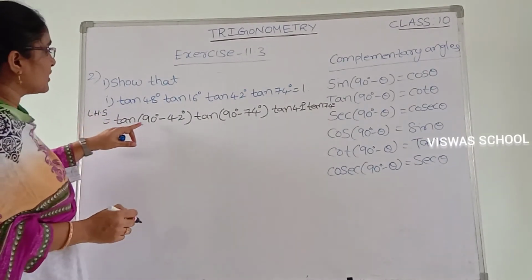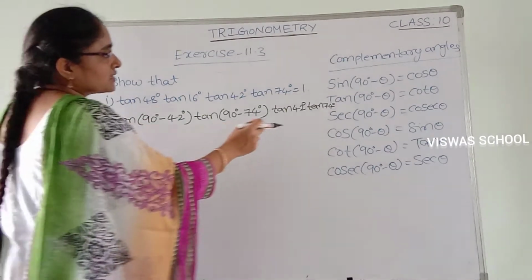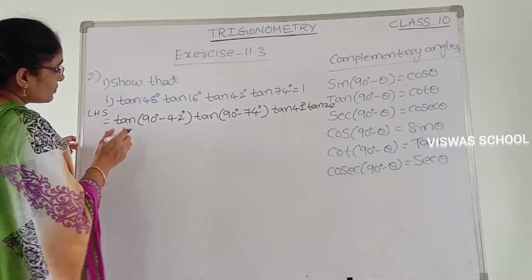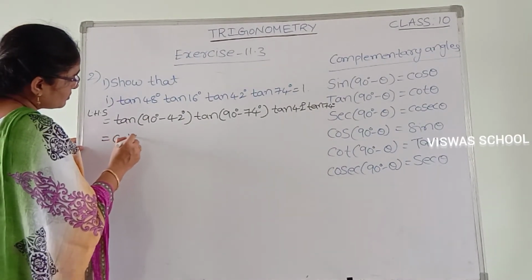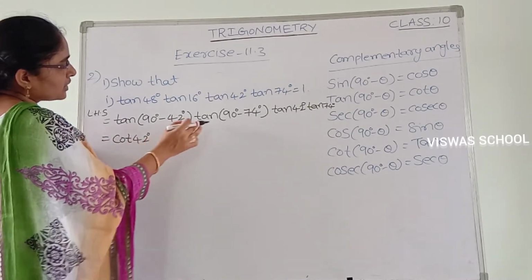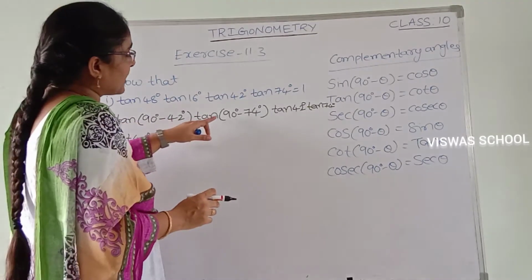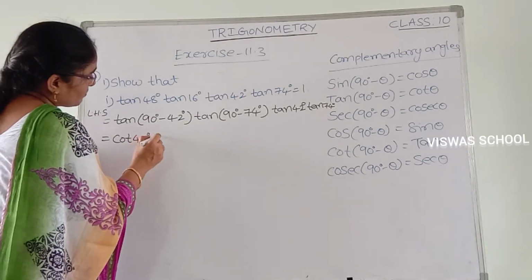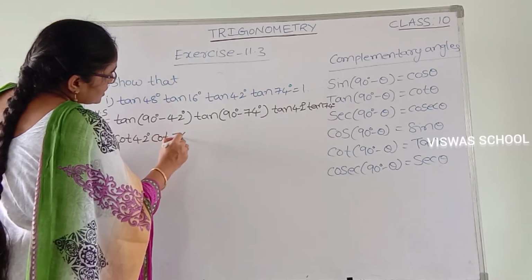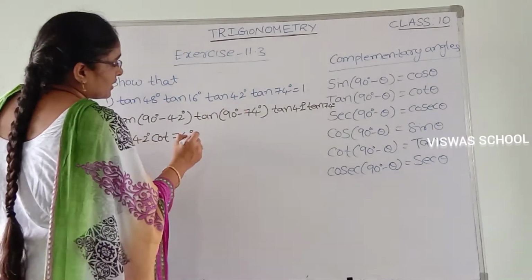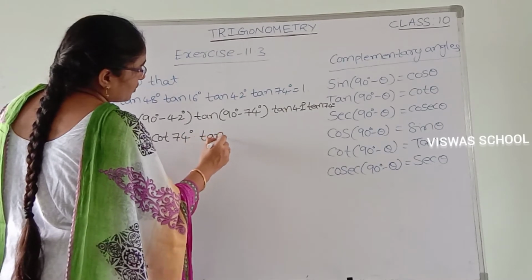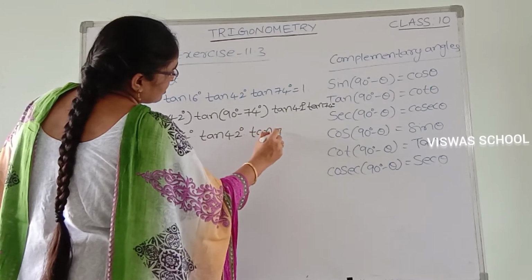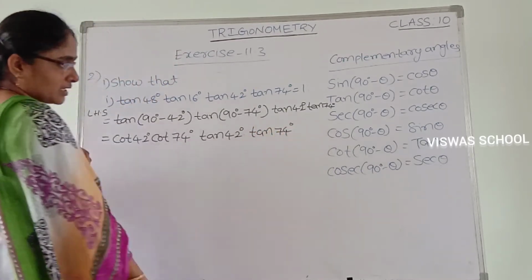Now write it as tan of 90 minus 42. Tan of 90 minus theta is equal to cot theta. That is how you write this, cot 42 degrees, and again tan of 90 minus 74, written as cot 74 degrees. Then tan 42 degrees into tan 74 degrees.